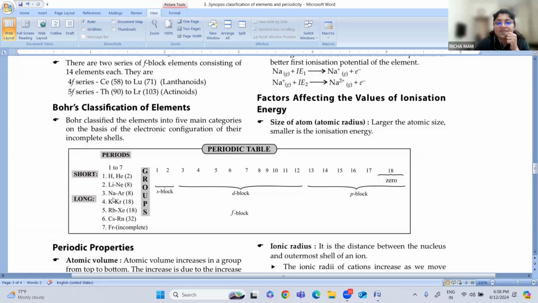The third period consists of sodium to argon, then potassium to krypton, rubidium to xenon, and the sixth period, cesium to radon, and the seventh is from Fr to incomplete. Still some of the elements are to be discovered. Whichever man-made elements are invented are added there, so some element blocks are kept incomplete.